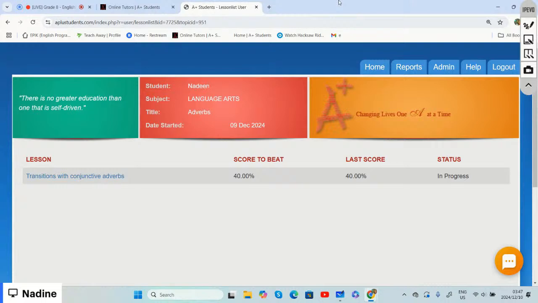The conjunctive adverbs can help us as readers to understand how these types of ideas within a piece of writing relate to one another, and they use the conjunctive words to join those sentences. They can either show cause and effect, add information, compare and contrast, or introduce an elaboration.